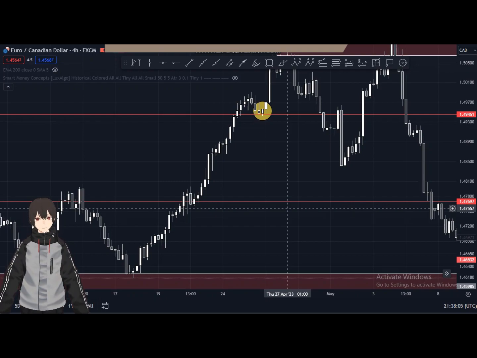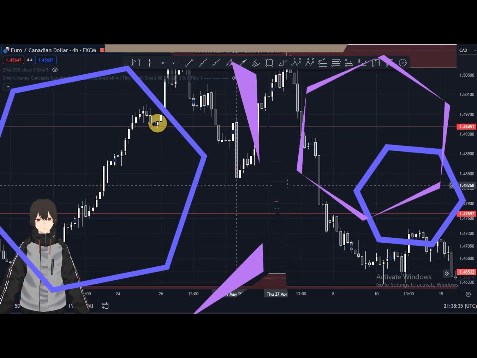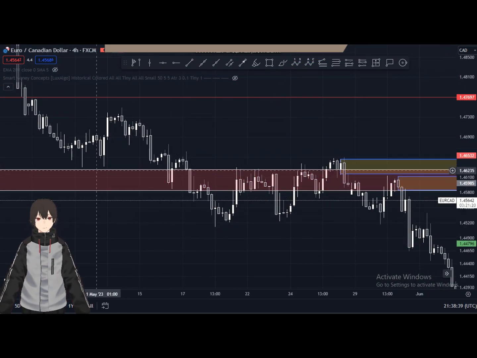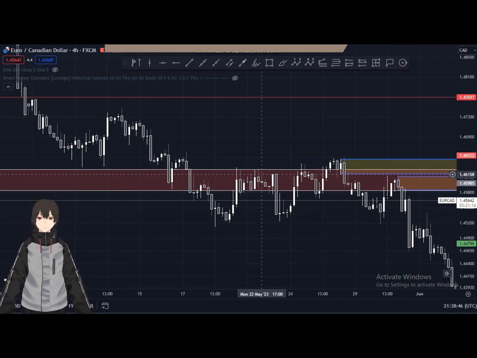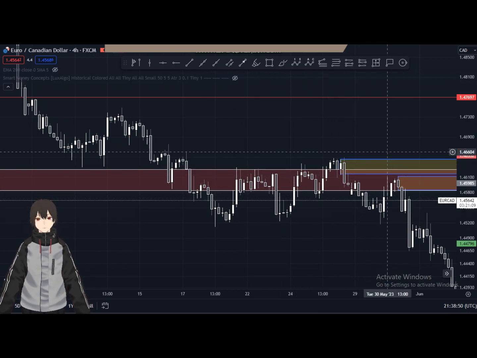The next lesson is about change of polarity. Sometimes you have a support line here. When the market breaks the support zone, you can use this zone as resistance.